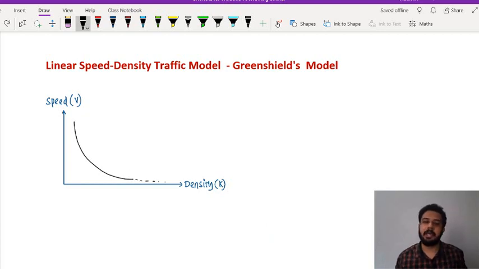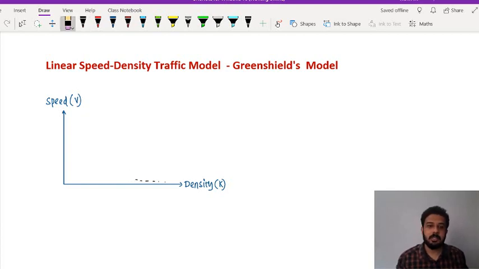So what Greenshield has done, he has assumed a linear relationship between speed and density. What is the meaning of this? Instead of assuming like this, which is actually happening practically, Greenshield has assumed simply a linear relationship like this between speed and density.